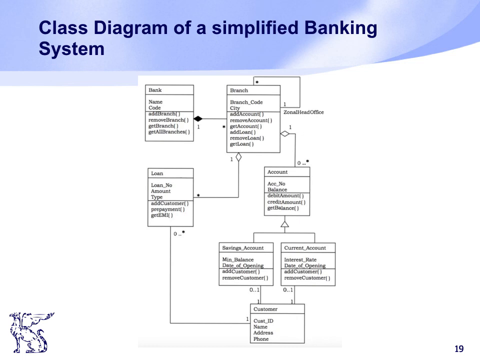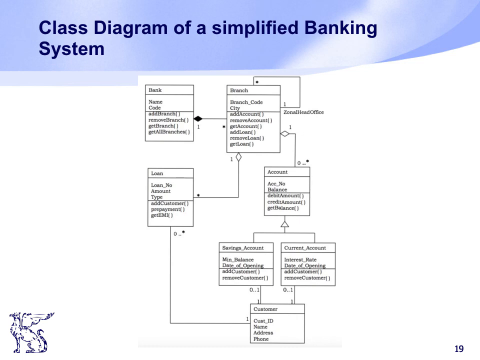And a branch can have a role of zonal head office, and that head office will supervise other branches. So it's an association here, and it's a one-to-many relationship. One head office will supervise other branches. So it's a unary relationship and it's a one-to-many relationship.